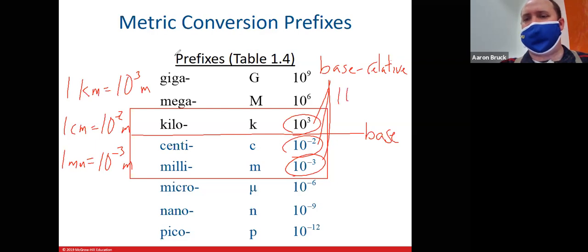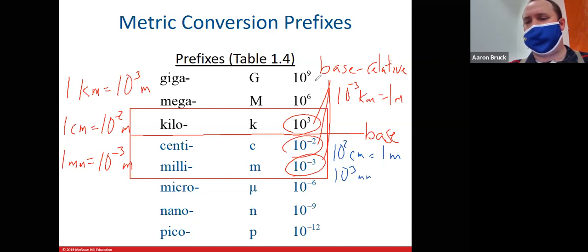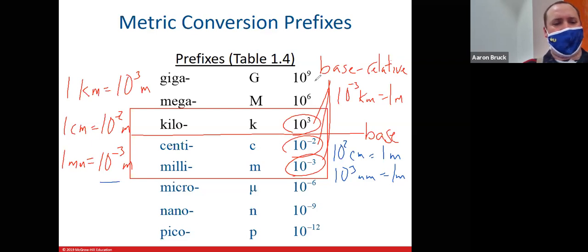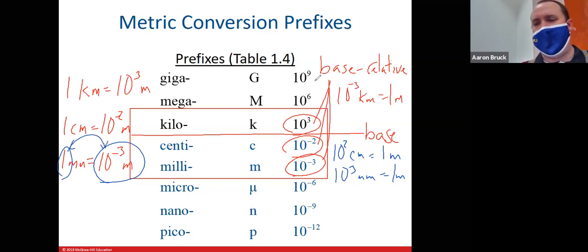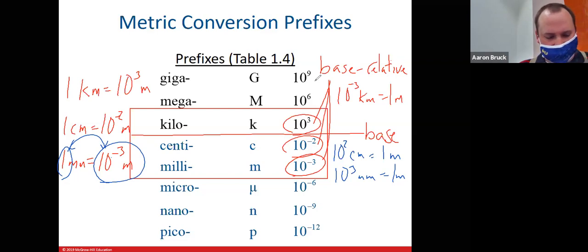So 10 to the negative third kilometers is equal to 1 meter. 10 to the second centimeters is equal to 1 meter. 10 to the third millimeters is equal to 1 meter. See what I did there? All I did was take the numbers here and switch them, and then turn the exponent from negative to positive or positive to negative. Why does that matter?